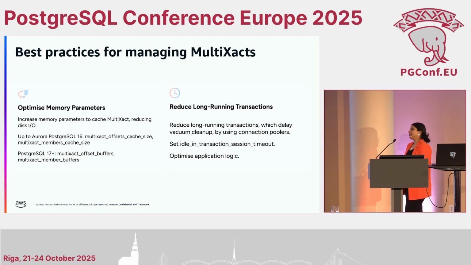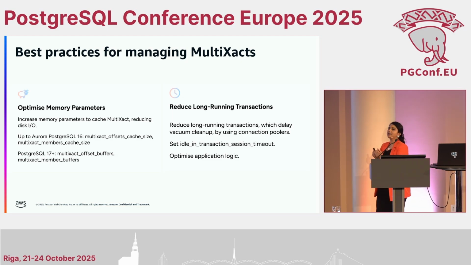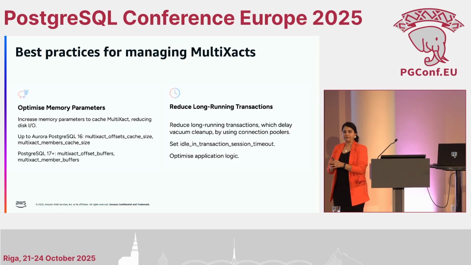Reducing long-running transactions is always recommended, because long-running transactions hinder vacuum even for normal transaction IDs. If there are long-running idle transactions, you cannot clean any data before them, because vacuum knows that it's still visible to an open transaction.